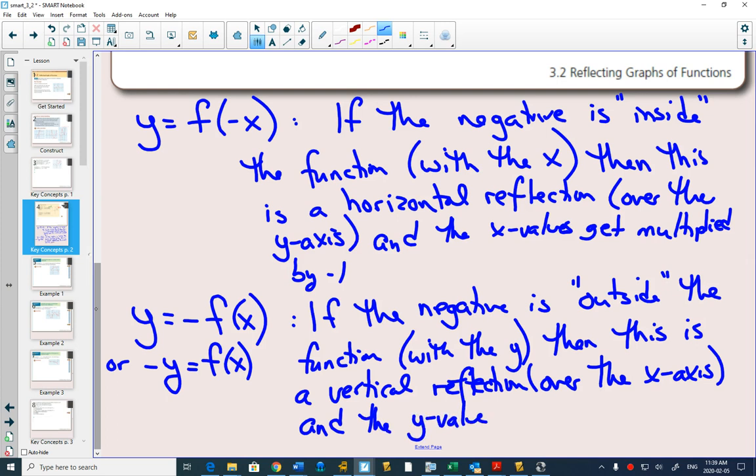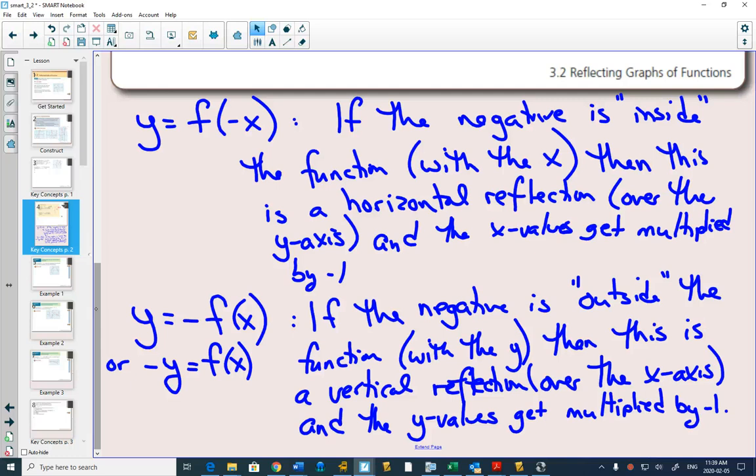And the y values get multiplied by -1. So the negative being outside is going to affect things vertically, meaning that it's going to affect your y coordinates. Everything that's vertical affects your y coordinates.